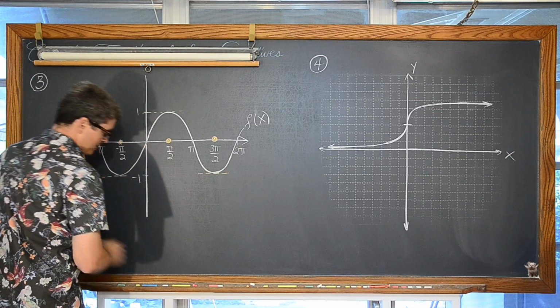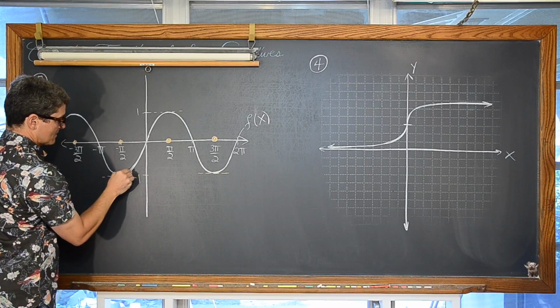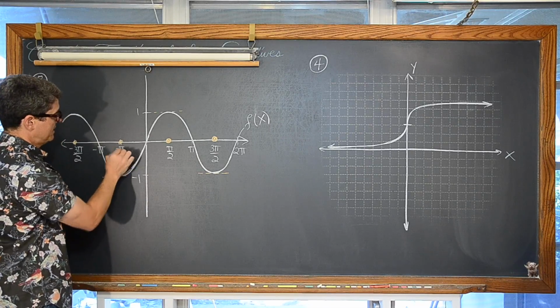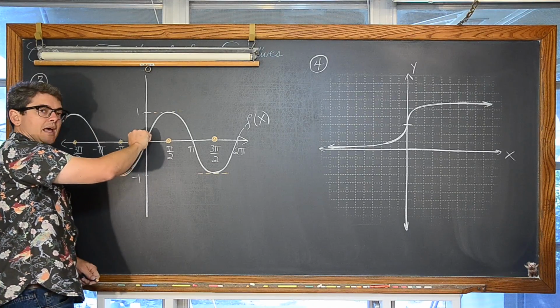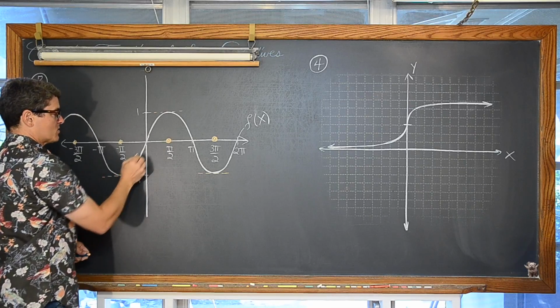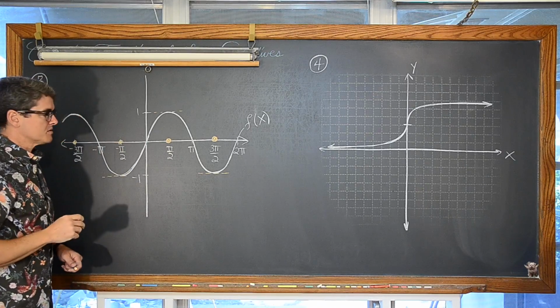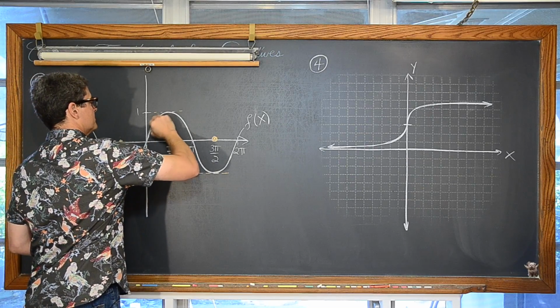Forgive my drawing, I'm not a computer, but it's rising slowly just a little to the right of negative pi over 2, and it's rising quicker and quicker. We have the steepest slope here at x equals 0, and then it starts to come over.